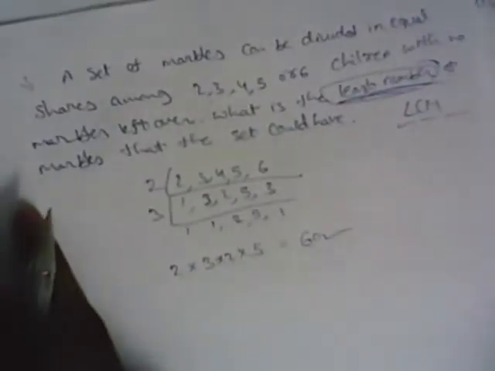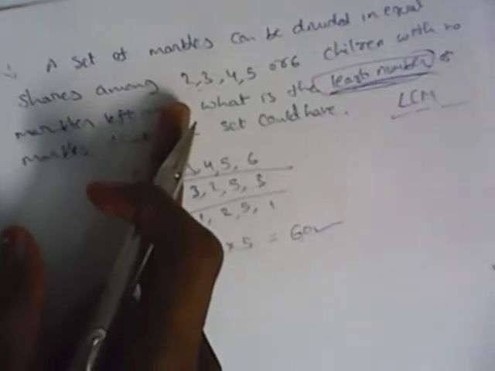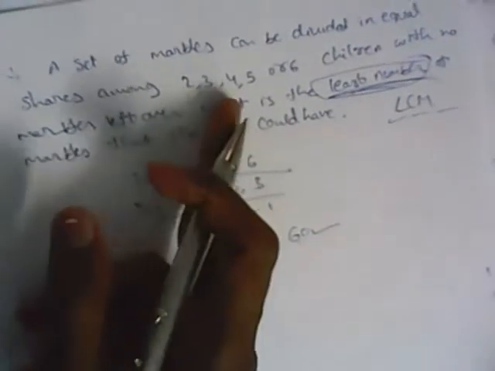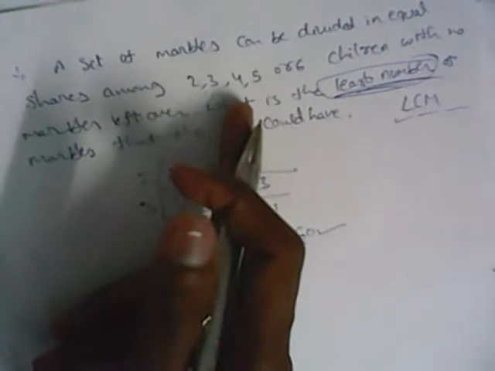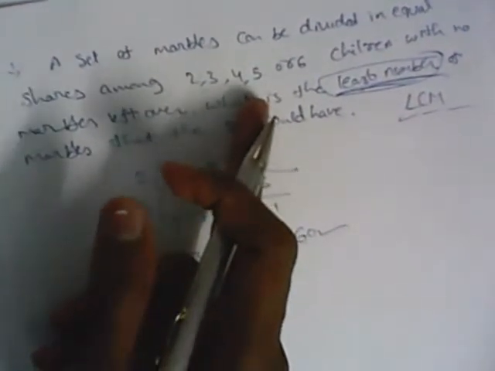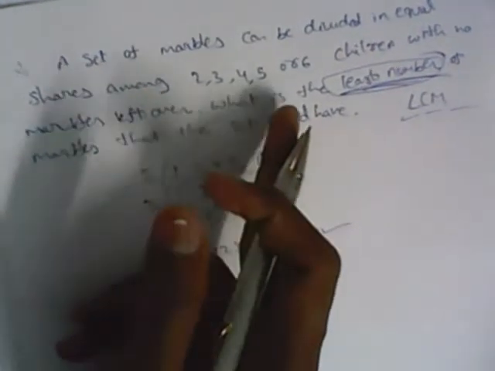The 60 marbles can be divided between 2 children, 30 and 30. Among 3 children, 20, 20, 20. Among 4 children, 15, 15, 15, 15. Among 5 children, 12, 12, 12, 12, 12.